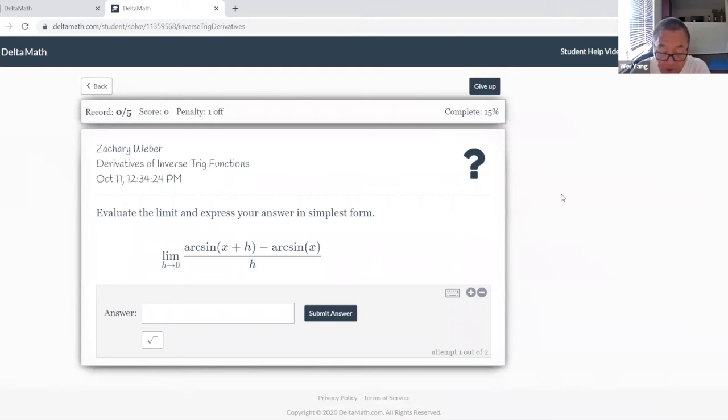Then when h goes to 0, this will give you exactly the derivative of arcsine. Now, do you remember the formula for arcsine? The derivative of the arcsine function should equal 1 over the square root of 1 minus x squared.